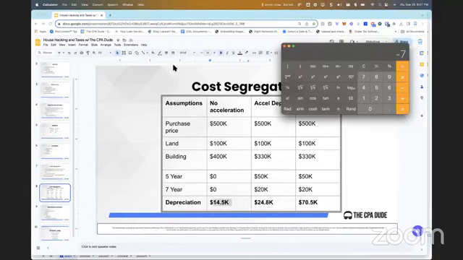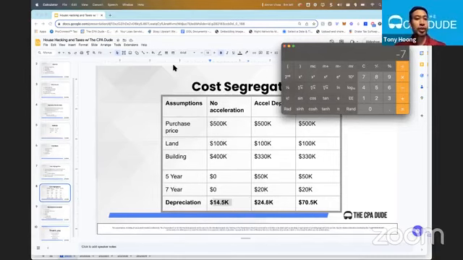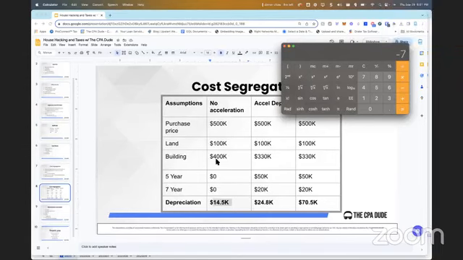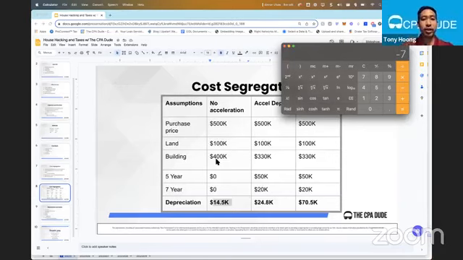But it sounds like it takes time and effort, like you have to backtrack and rewire the way it was accounted for. Oh yeah, mechanically speaking, it is. Pre-cost seg, you have everything as 27 and a half year. Say it's year 5, and you go run a cost seg.